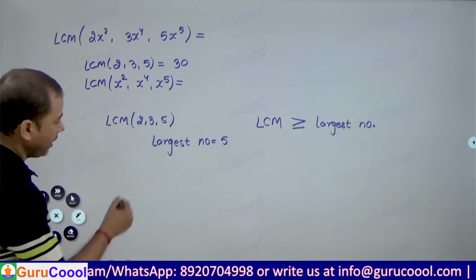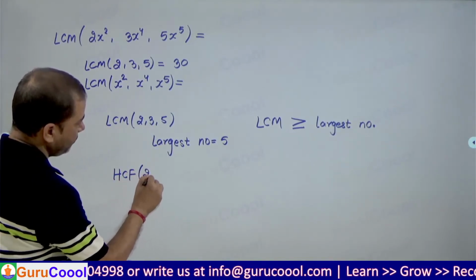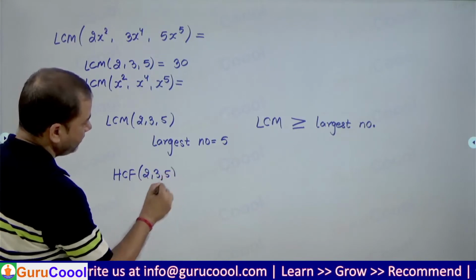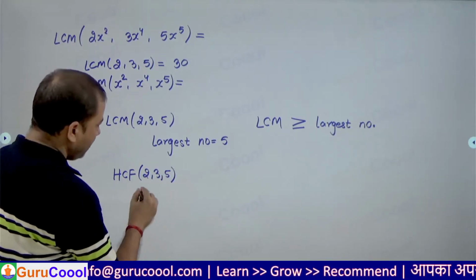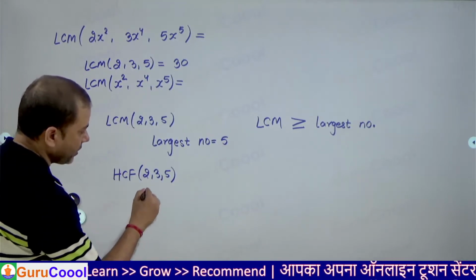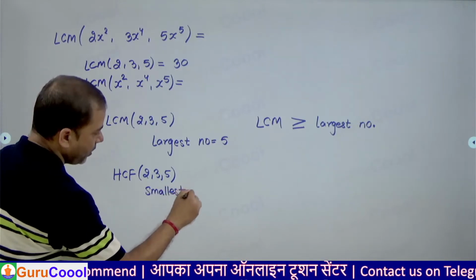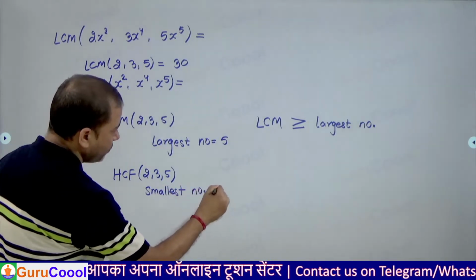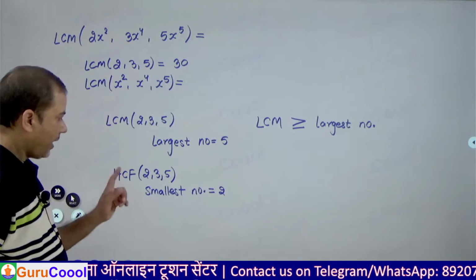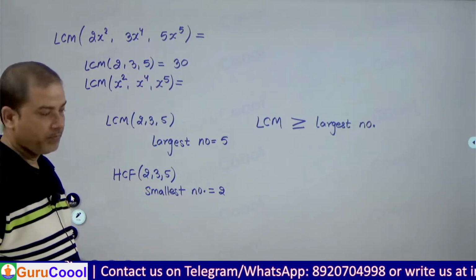Now about HCF of 2, 3, 5. In case of HCF, look at the smallest number. Smallest number is 2. So HCF cannot be greater than the smallest number.